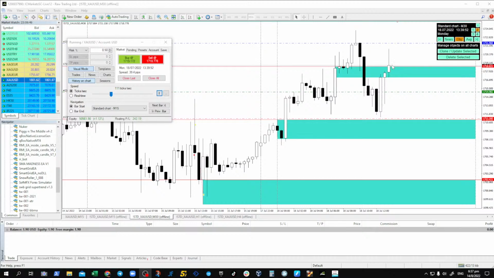If it closes bullish, it has potential to continue to go upward. But now it's going bearish.